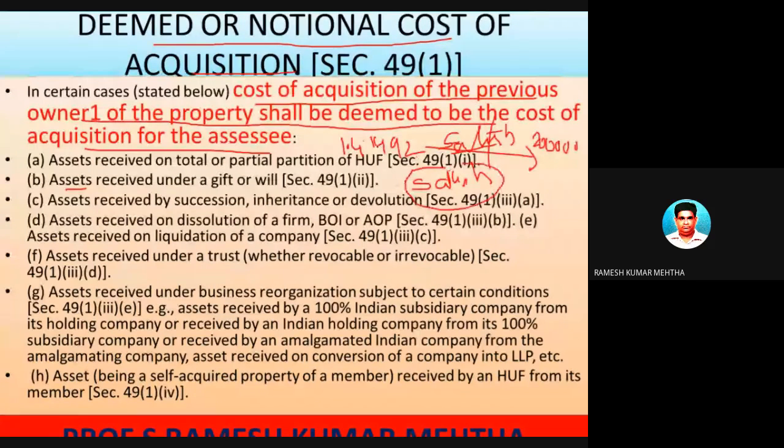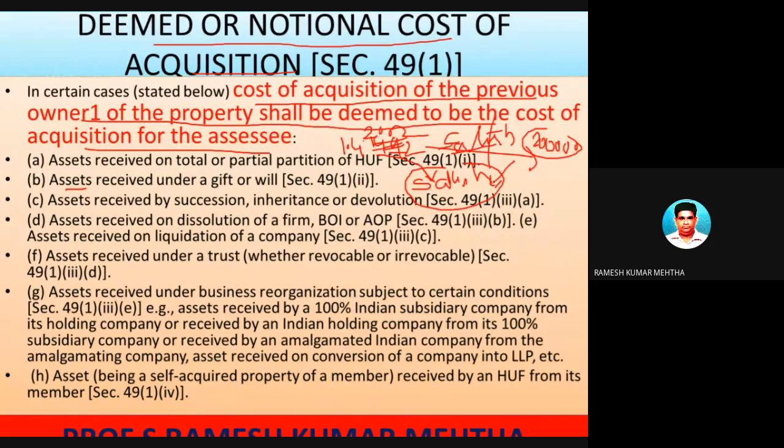So Sakshi's mother bought gold for 2 lakh rupees on 1/4/2002. Now Sakshi's mother is gifting this gold to Sakshi some 10 years later, and Sakshi has got that gold. Now what is the cost of acquisition by Sakshi?